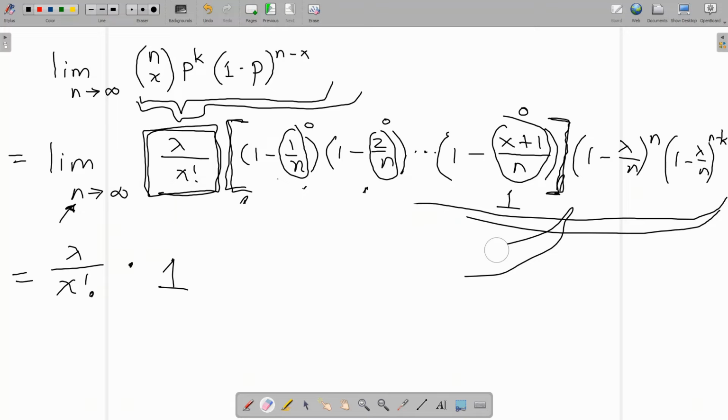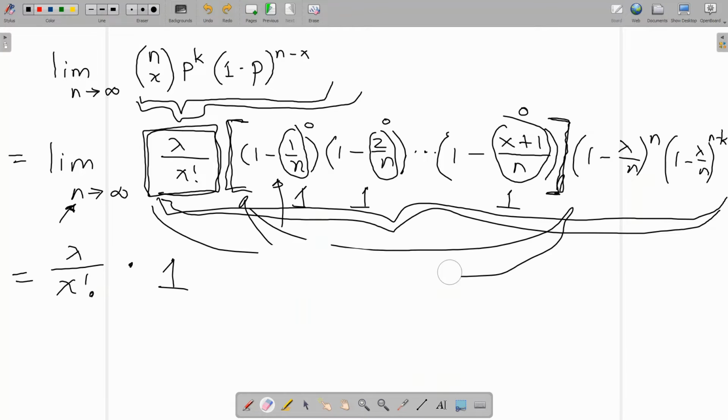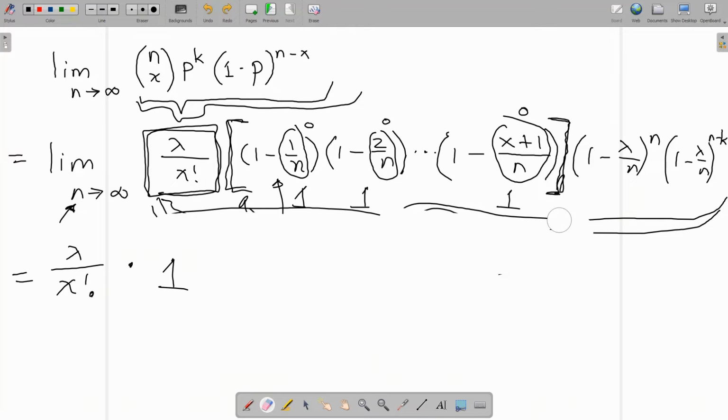So next, oops, I have over erased. So next, what is the limit of this as n approaches infinity?